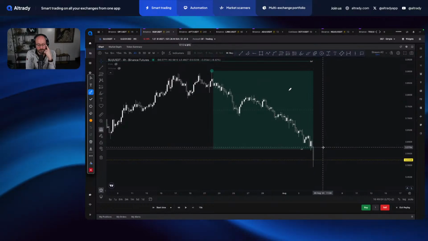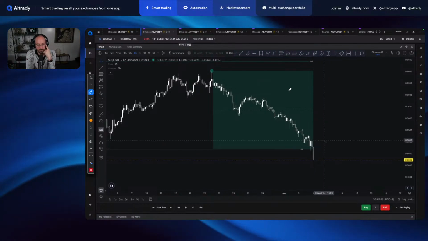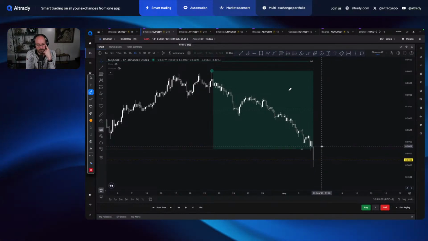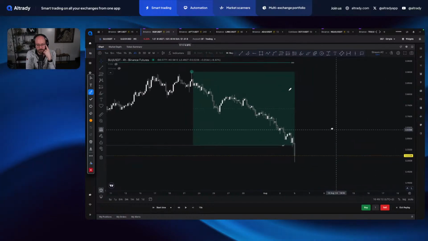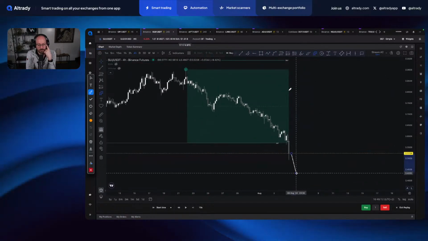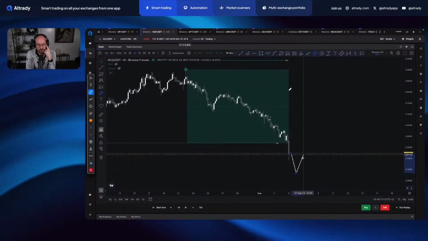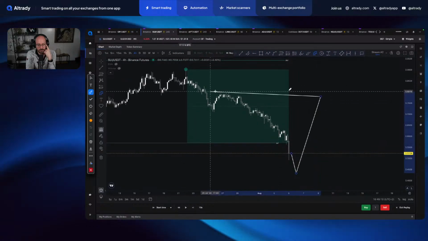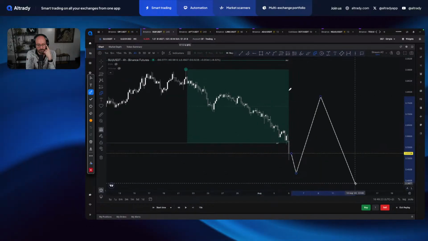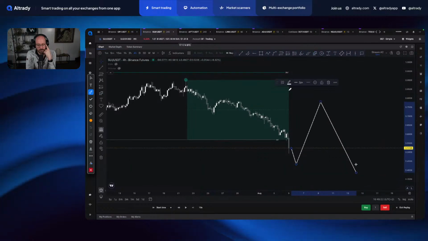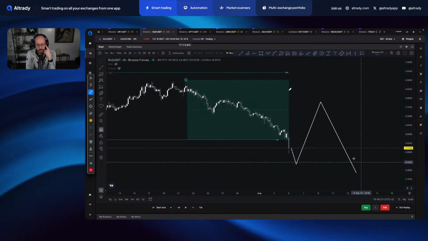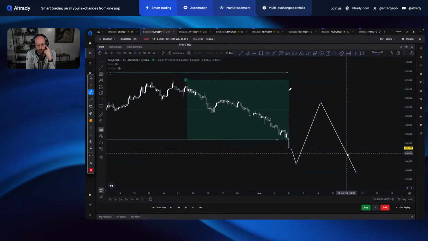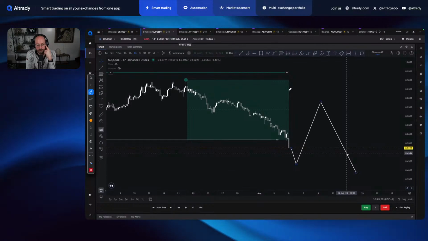It is breaking down, so on lower time frame you would be looking for short positions here as well. But ideally you want to wait until price forms some kind of a swing low, and then it returns into some points of interest in this area, and then you'd look for a continuation, because then the profit margin is far larger.